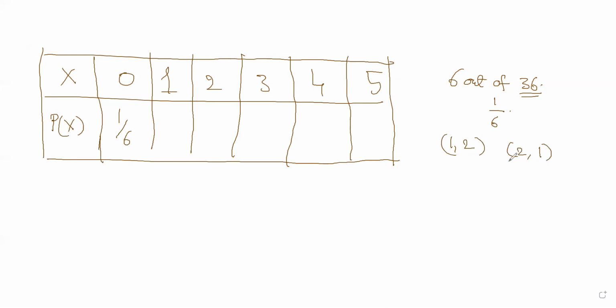Here, both cases have difference 1. Similarly, you can have 2, 3 or 3, 2. Next, 3, 4 or 4, 3. Good. Next, 5, 6 or 6, 5. Any other case further?